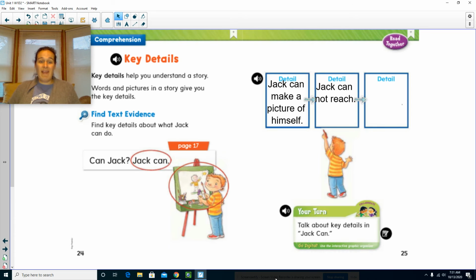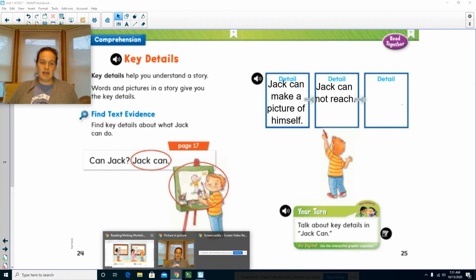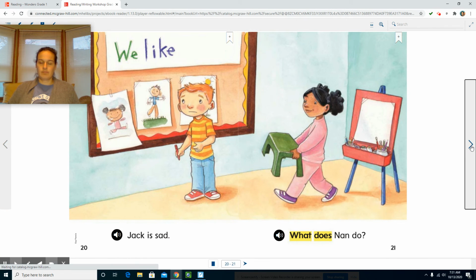Okay, so we got to find the last detail of the story. So we had our beginning part of the story. This detail let us know that Jack can make a picture. Then we saw that Jack cannot reach. Let's go see what happens again. Do we remember? So he looks sad, and then there's Nan. What's Nan doing? She's grabbing him that step stool.